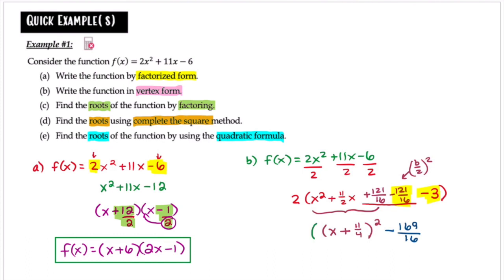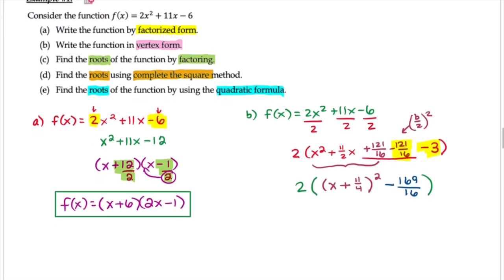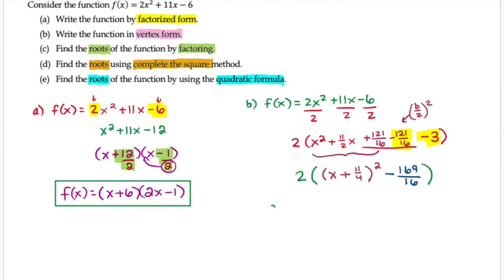But we're going to bring back that original A term of 2. So our final answer would be f of x equals, we're taking that 2 and multiplying it in front of the parenthesis. And we're going to multiply that 2 with our constant. And this is the vertex form of this quadratic.